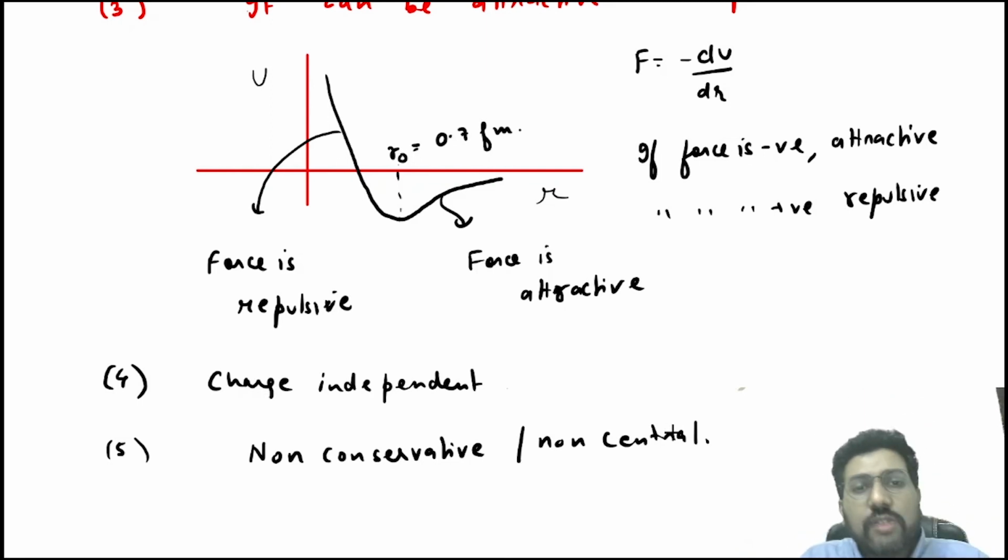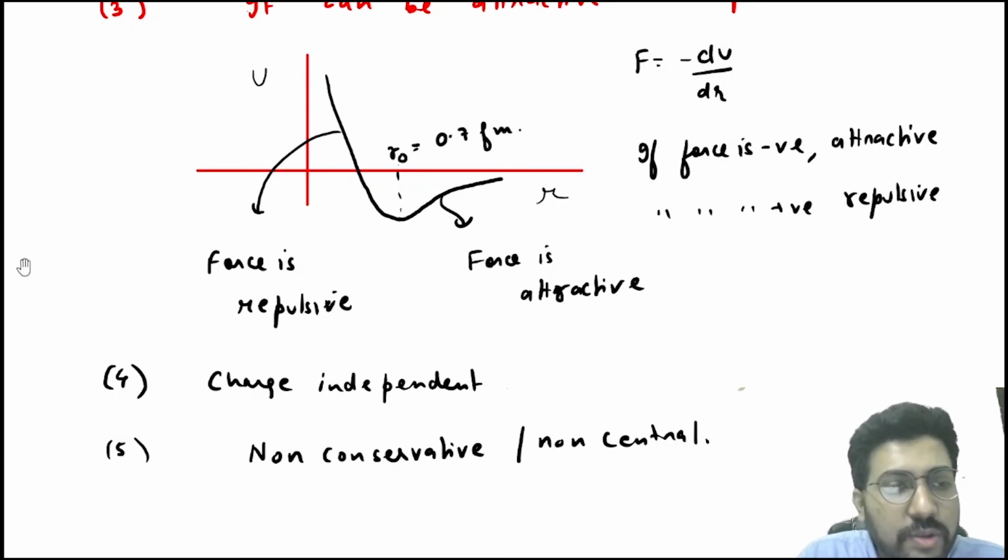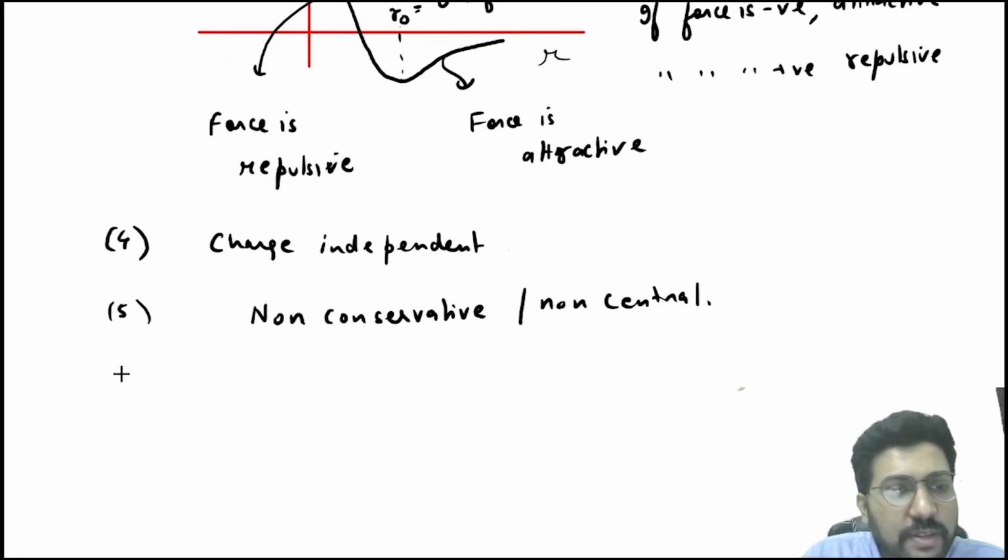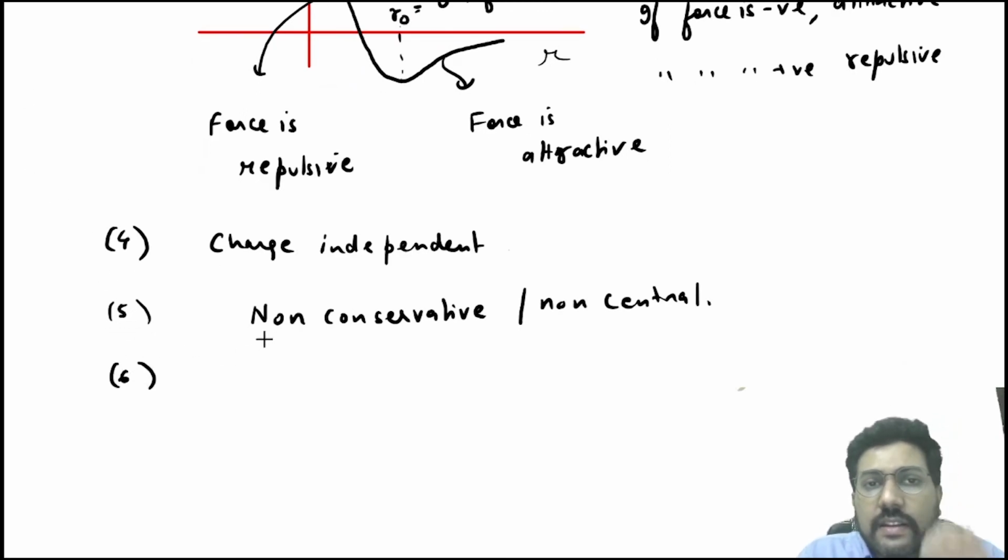So much is not known about this force, how this force comes, how can it become attractive, sometimes repulsive, how is it charge dependent. Much is not known about this, but we know that this force between two nucleons arises because of the exchange of some particles called meson particles.